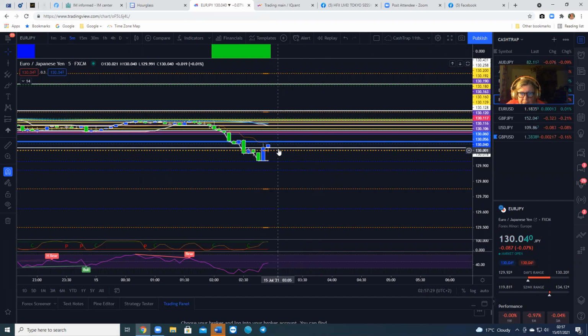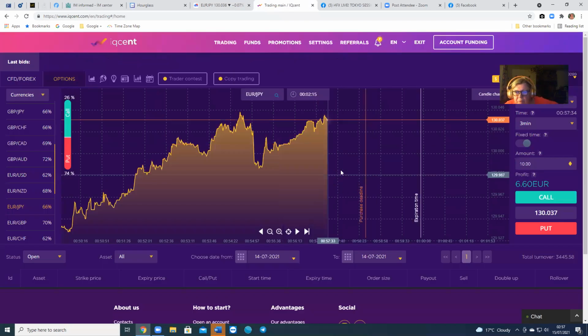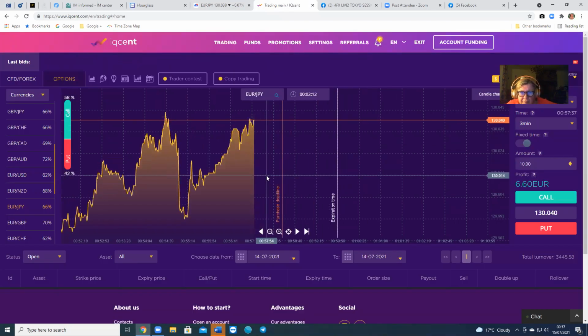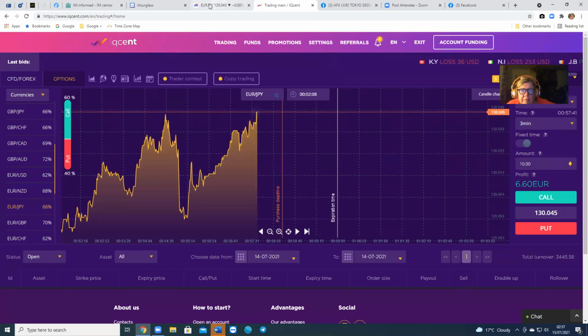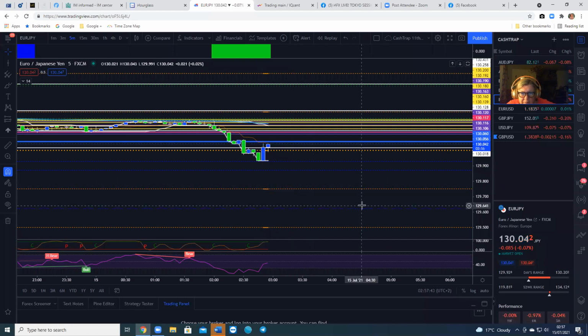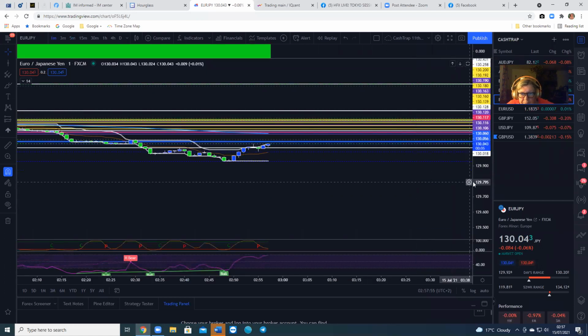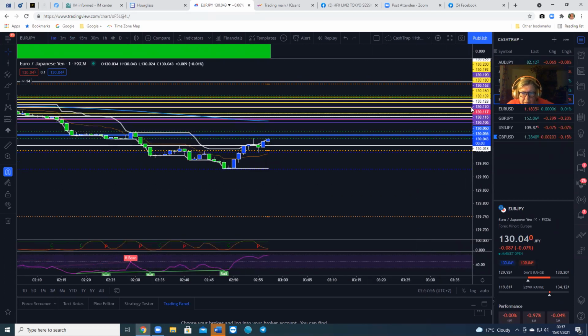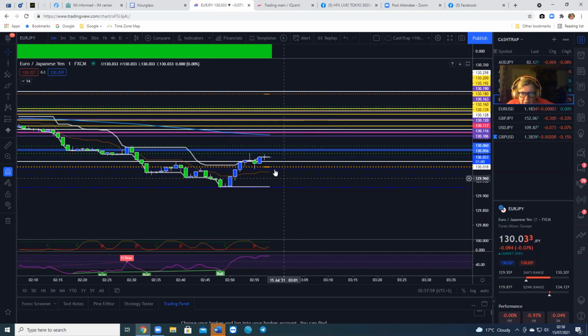It is now pushing up above that. So on our 1 minute chart, it is now above.